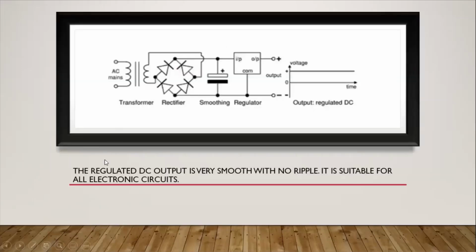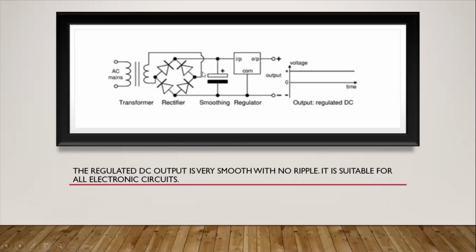Okay, these are the review of the regulated DC output. It's very smooth with no ripple. It is suitable for all electronic circuits. Ito yung example na block diagram or schematic diagram for power supply. Sa una, meron tayong transformer, wherein these are the AC mains, and dito makikita natin yung output na low AC voltage. Then meron tayong bridge type rectifier that will convert AC to DC.